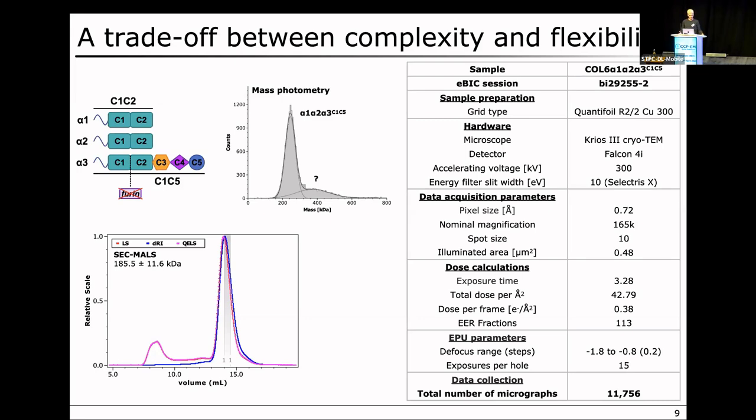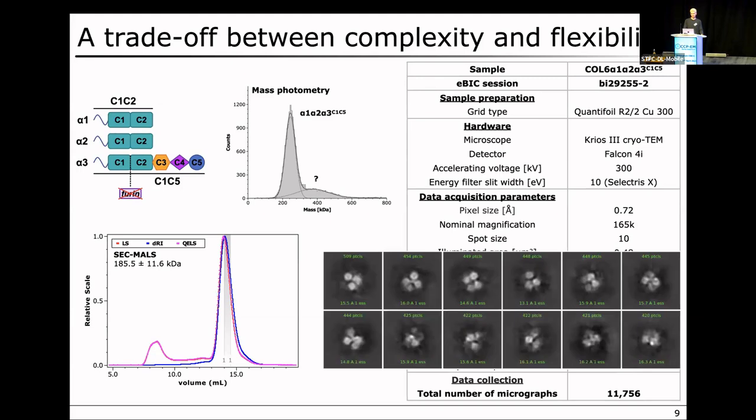So we were quite excited by this and instantly started diving into the data processing, but very quickly realized that as nice as it is to have this clean sample and as nice as it is to have almost 12,000 images, we just weren't able to get decent 2D classes. And I'm sparing you the 3D reconstruction.